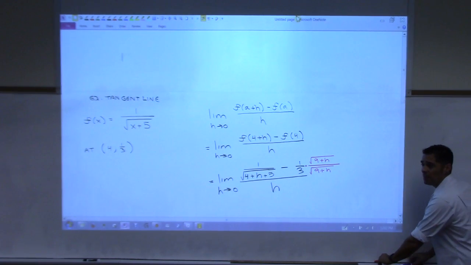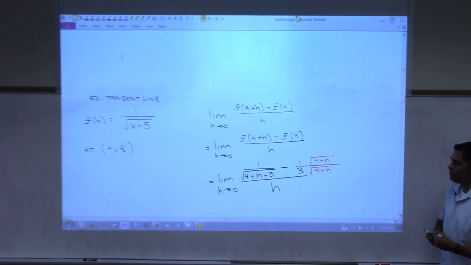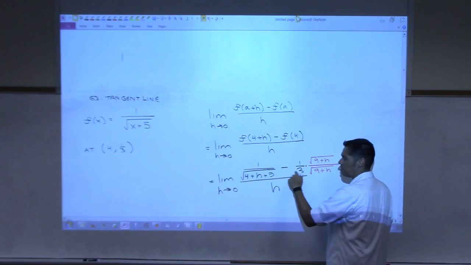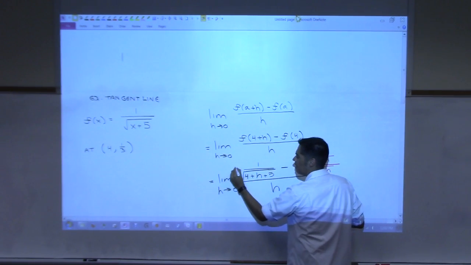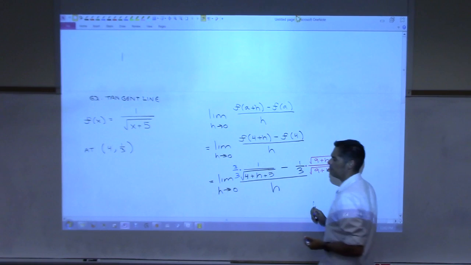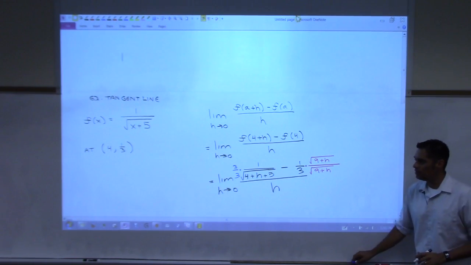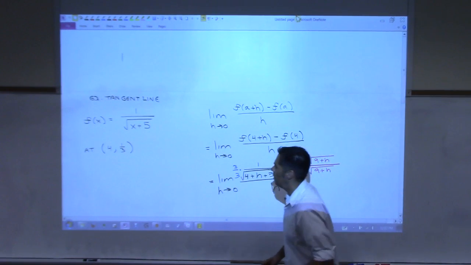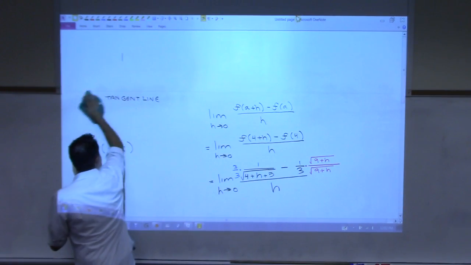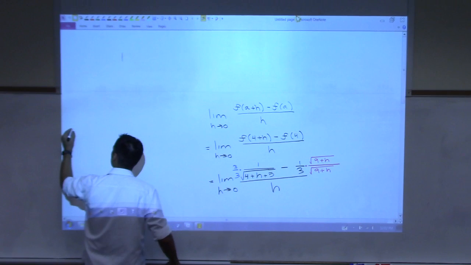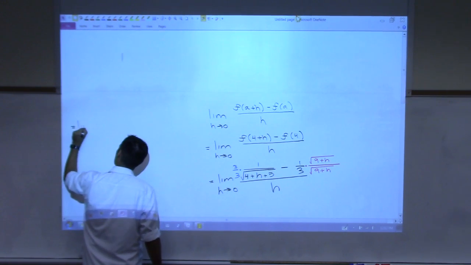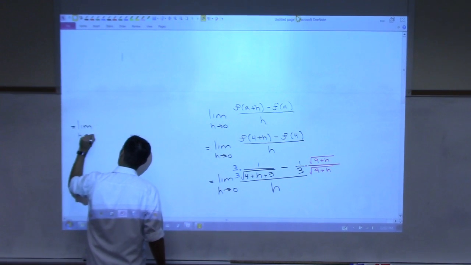And I also need something else. What do I need? A 3, right? This one has a 3, that one doesn't. So I need to put a 3 here and a 3 there. Is everyone with me? It's getting a common denominator between two fractions right now. So this is equal to the limit as h goes to 0.